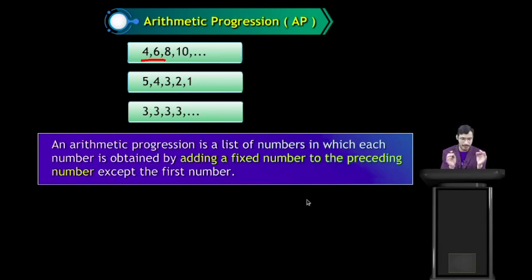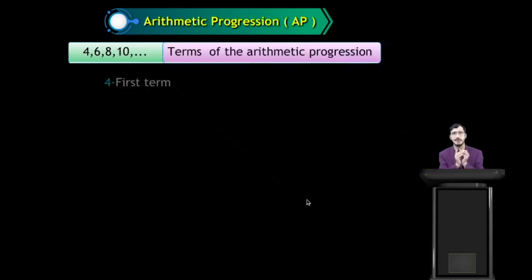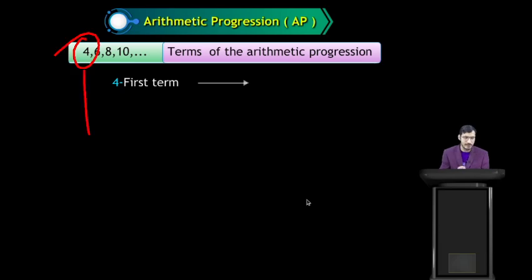It is a list of numbers in which each number is obtained by adding a fixed number to the preceding number. Let's see an example like this: 4, 6, 8, 10. Now, terms of the arithmetic progression. Here 4 is our first term.